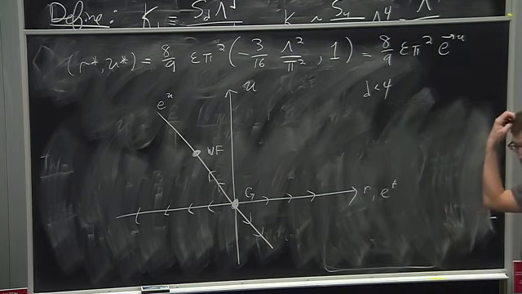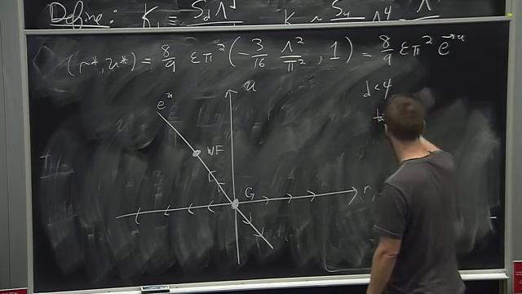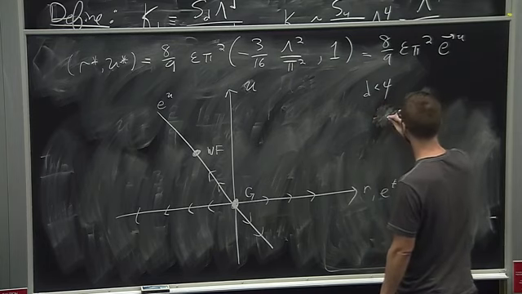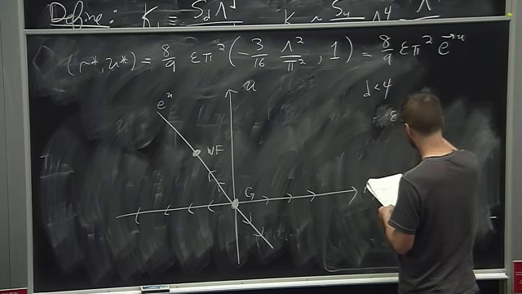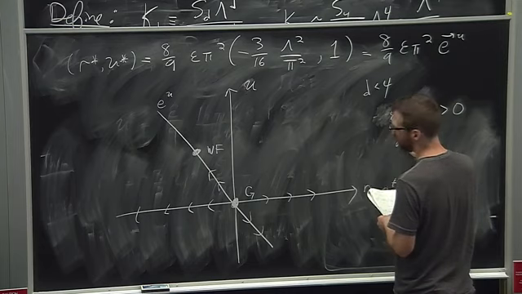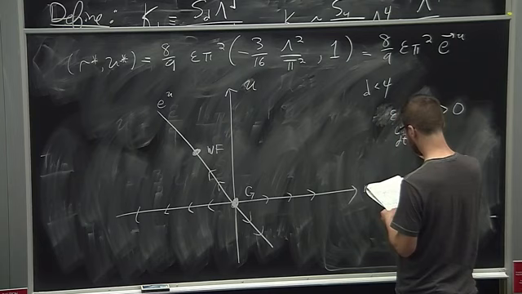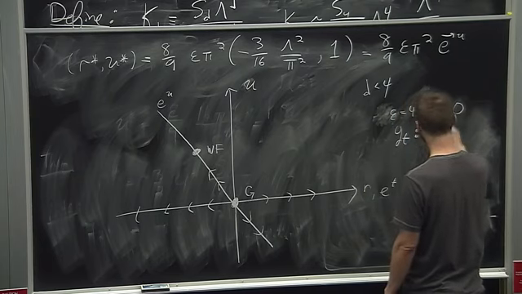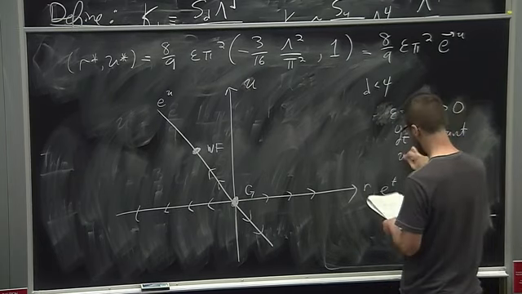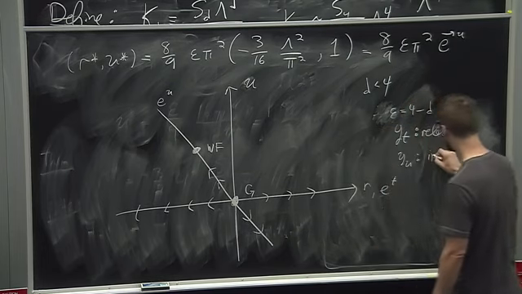So the new one. And all you have to know is what's relevant and what's irrelevant. So if we take epsilon positive, well, it has to be positive for this. So then y_T, or R, is what? Relevant, right? And U is irrelevant.